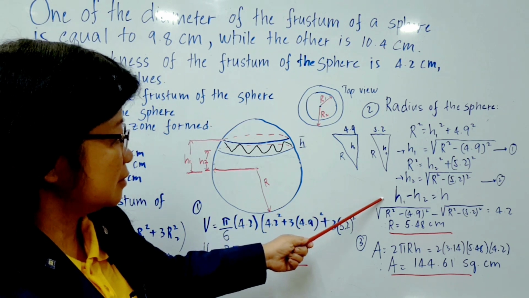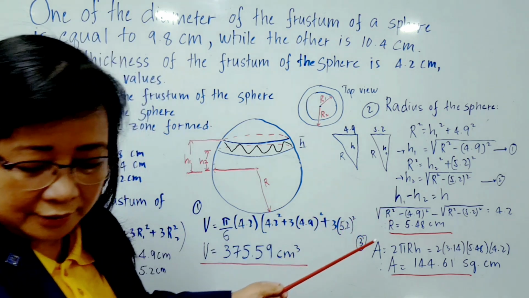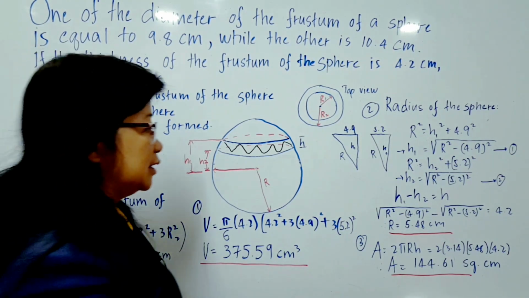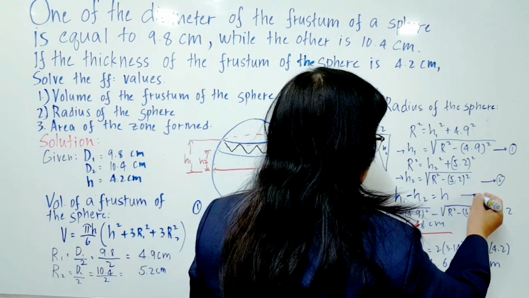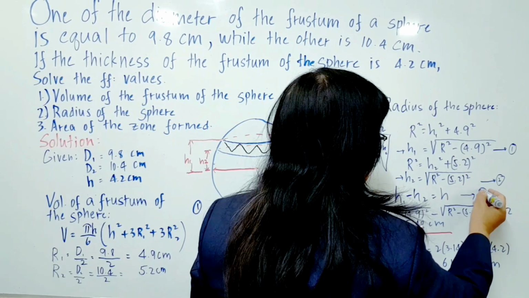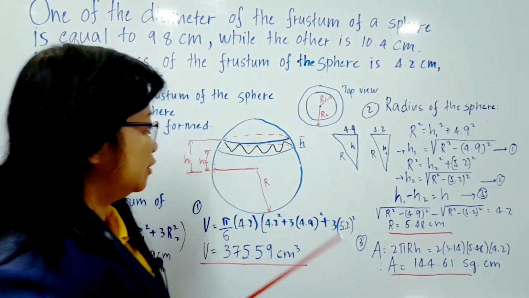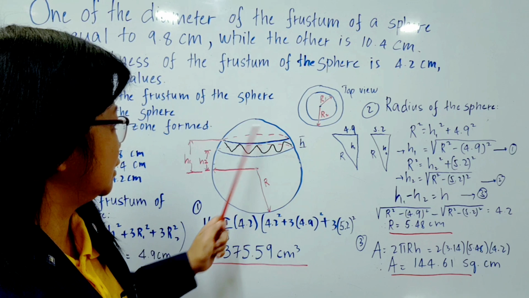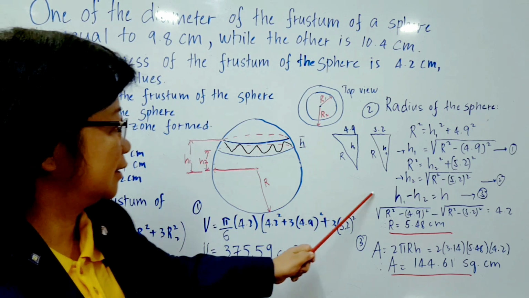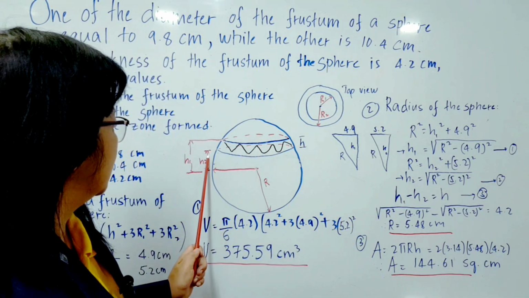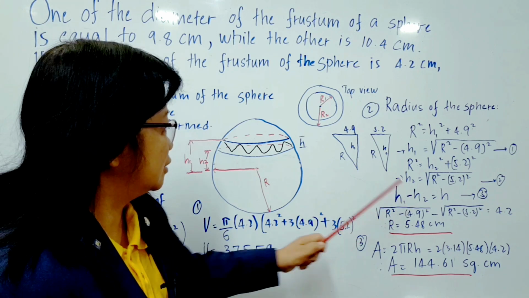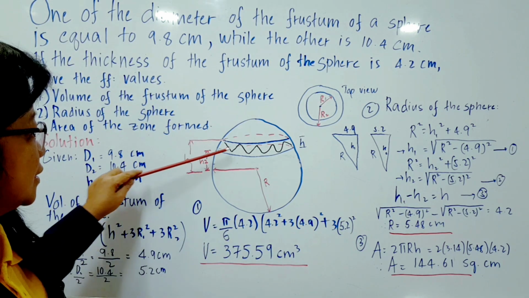Therefore, we have equation 3: h is equal to h1 minus h2. So you will have the thickness.